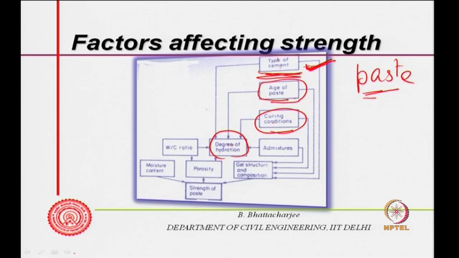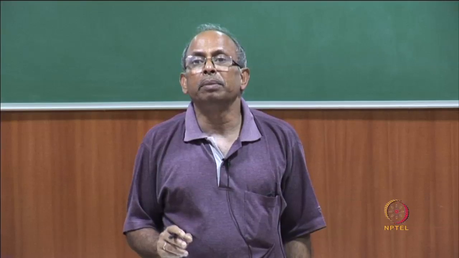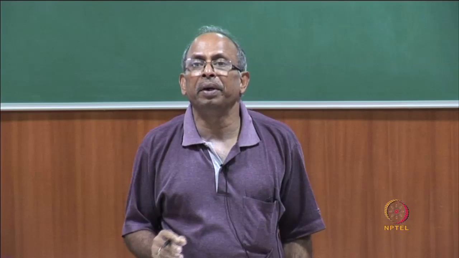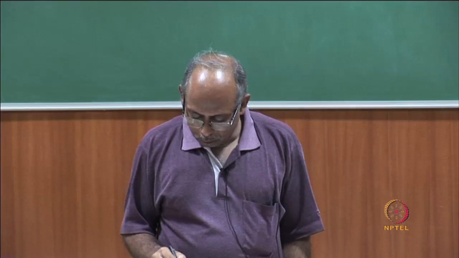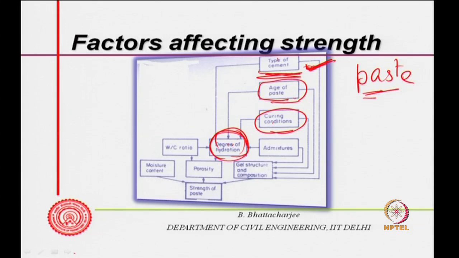Degree of hydration will depend upon type of cement, while for a pozzolanic cement or low heat cement, we know that the degree of hydration will be lesser. So, this degree of hydration will depend upon age, type of cement and curing condition. And if you have added admixtures, of course, they would govern that. They would actually either retard or accelerate hydration. So, they will also control it, but this degree of hydration is also a function of water to cement ratio.